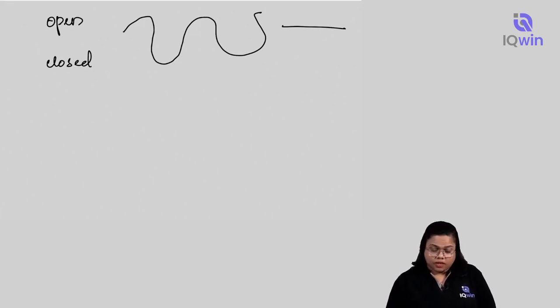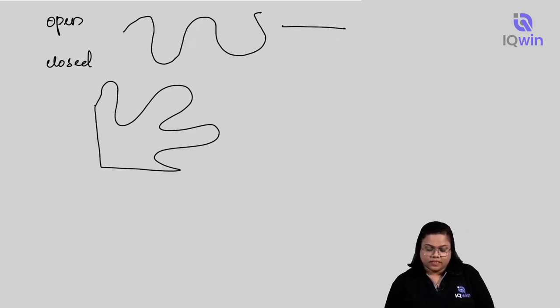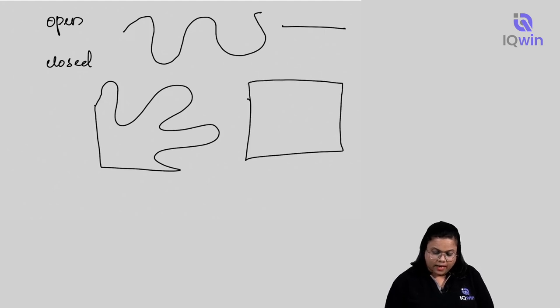So what is a closed curve? If the starting point and ending point of the curve are the same point, it is a closed curve.